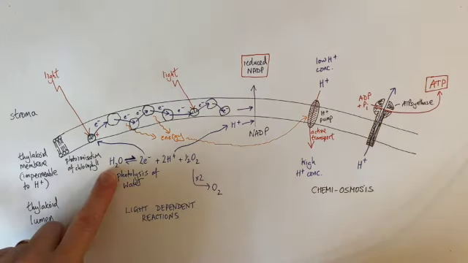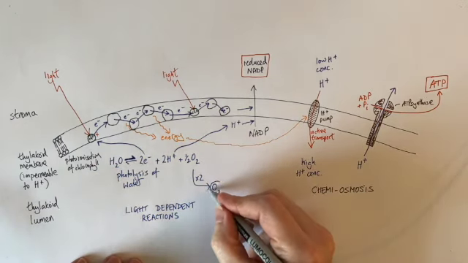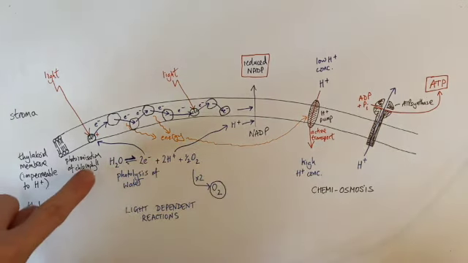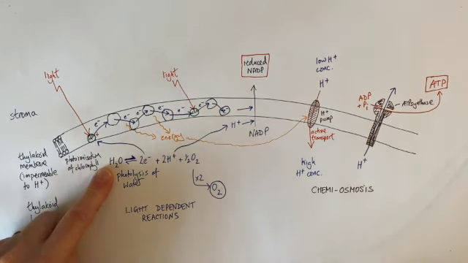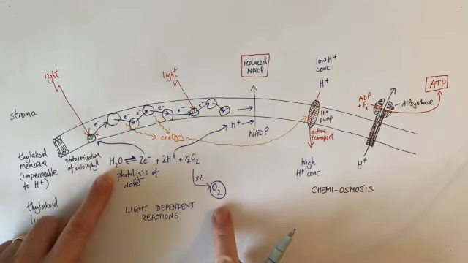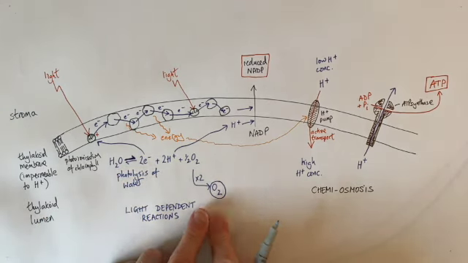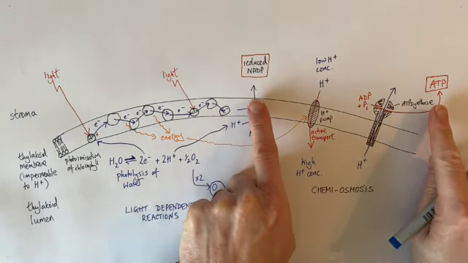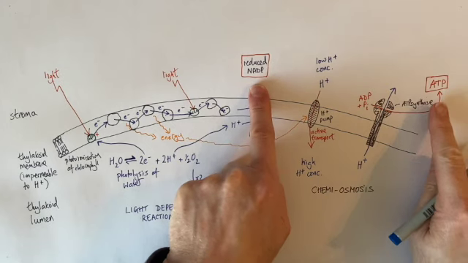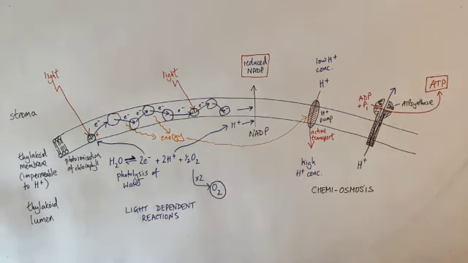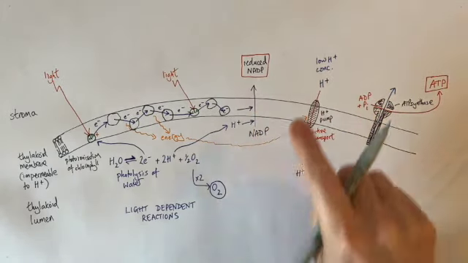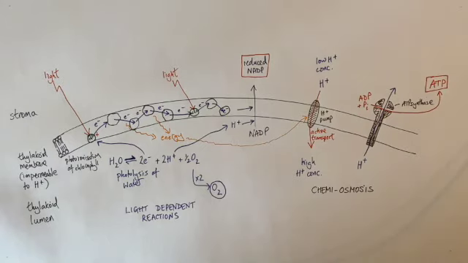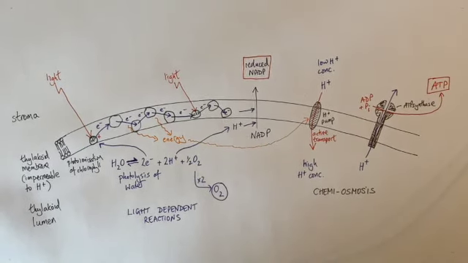We've got water coming in, we've got oxygen being released, and we know that water is on the left hand side of the photosynthesis equation, oxygen is on the right hand side. But we have two important molecules coming out. We've got reduced NADP and we've got ATP as well. So the question is, of course, what happens to these? Well, these are used in the light independent reaction.